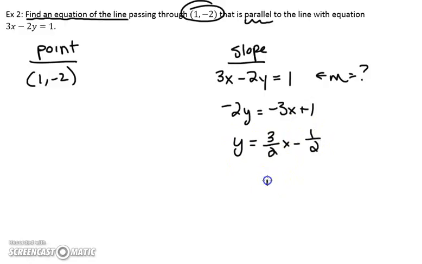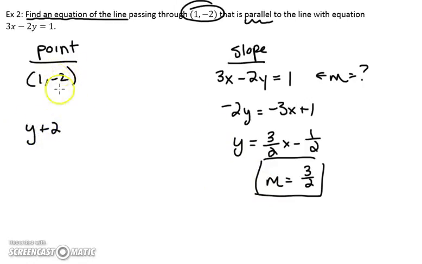We know the slope of this is going to be 3/2. Now we have a point and a slope, so we can throw this into our point-slope form: y plus 2, minus negative 2, equals 3/2 (x minus 1). We wanted to use the 3/2 because we were parallel to this line in question.